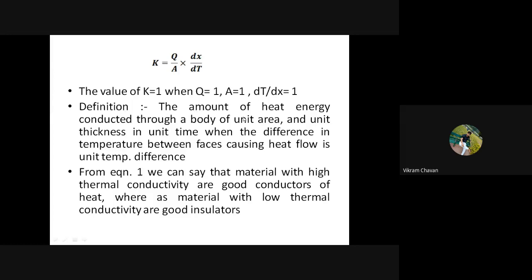The amount of heat energy conducted through a body of unit area and unit thickness in unit time when the difference in temperature between phases causing heat flow is unit temperature difference.